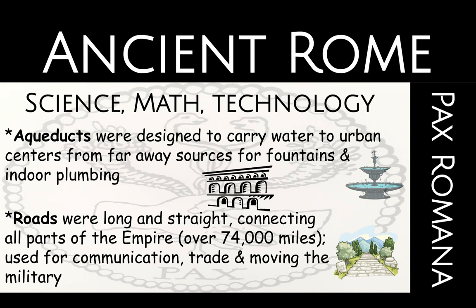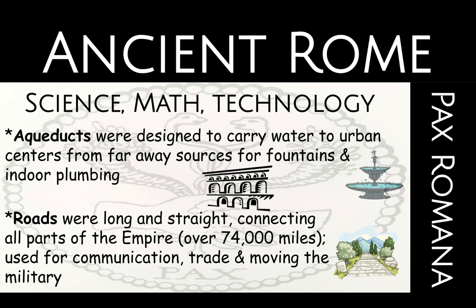So they carried water to urban centers from faraway sources. And they used it for public fountains, and finally indoor plumbing in Europe. Remember, we first learned about indoor plumbing in the ancient civilization of Mohenjo-Daro in ancient India in the Indus River Valley, thousands and thousands of years before the Roman Empire. And it took that long for Europeans to come up with ways to have indoor plumbing.